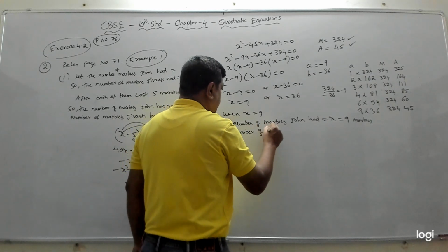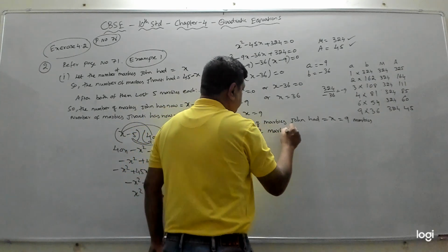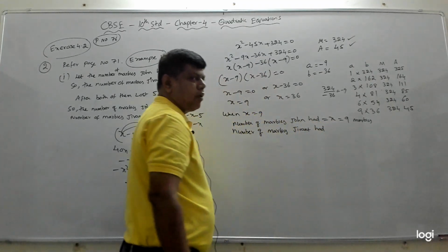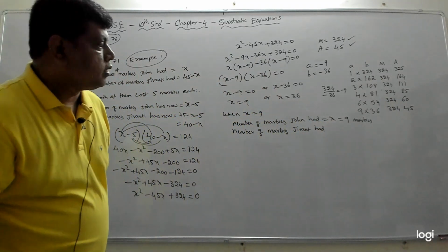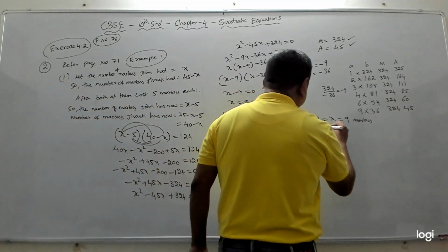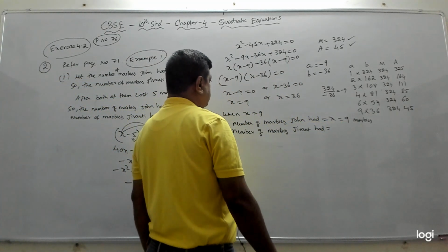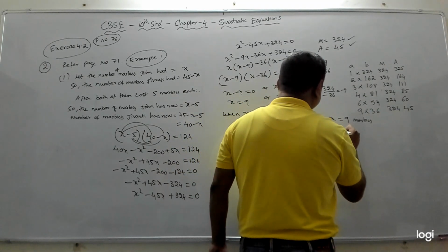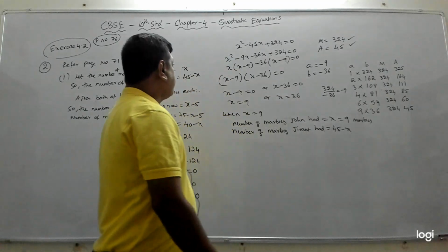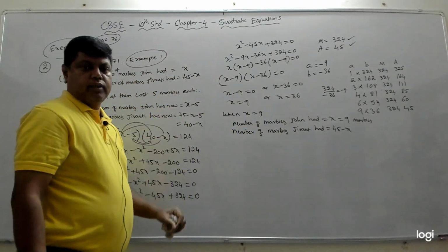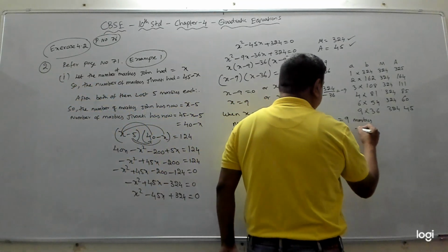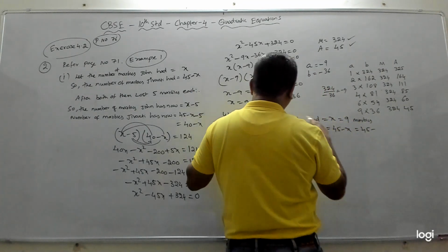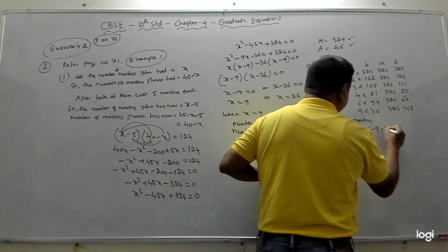Number of marbles Jivanti had is equal to 45 minus x. x is what? 9. 45 minus 9, which gives you 36 marbles.